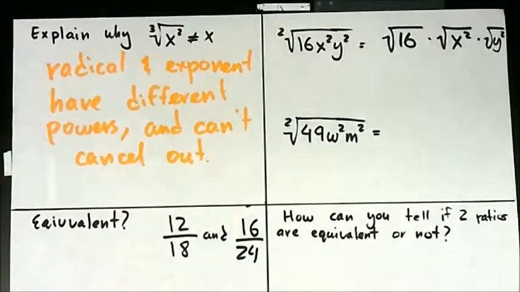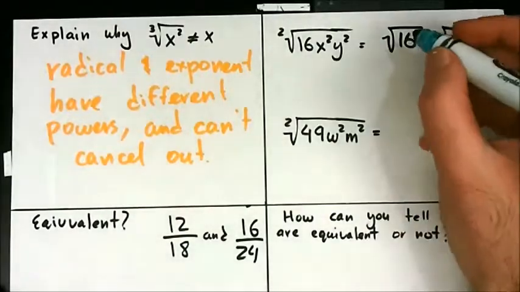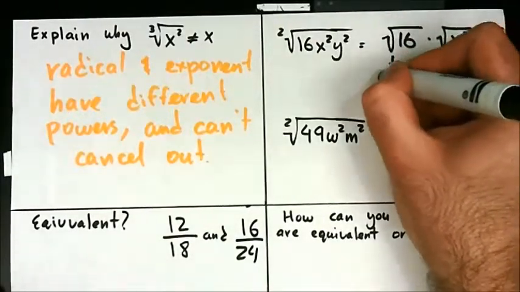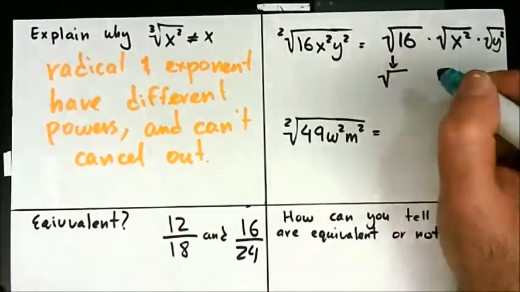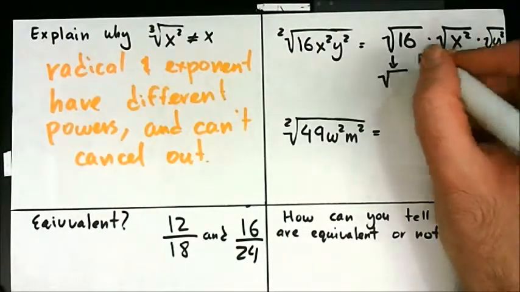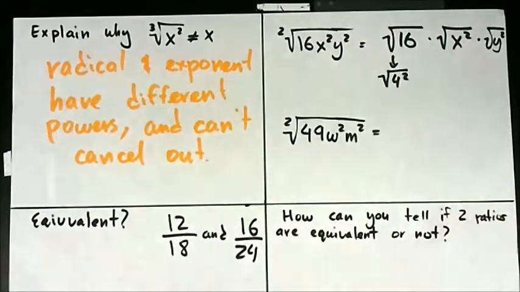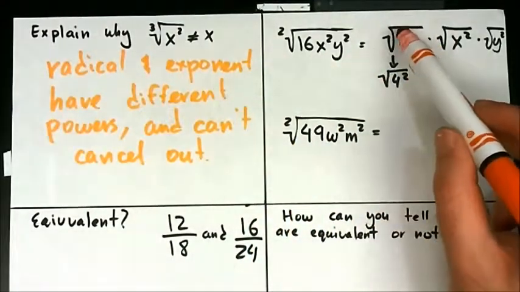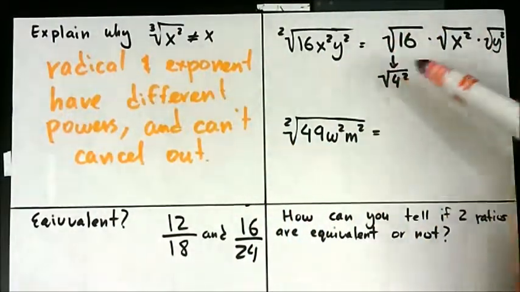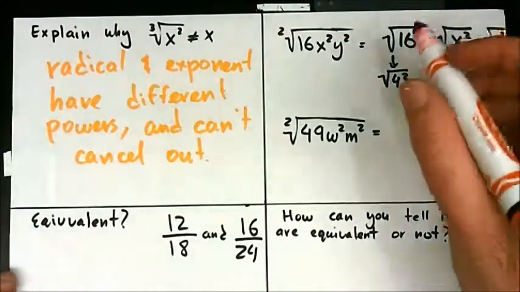Next, I'm going to convert the 16 into its exponential form, which is what? 4 to the second power. And then I'm going to go ahead and cancel out every single radical and exponent that are the same power. Now remember, I didn't write the power of 2 here, but every radical with no power written is automatically second power.